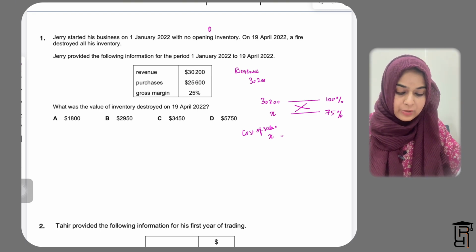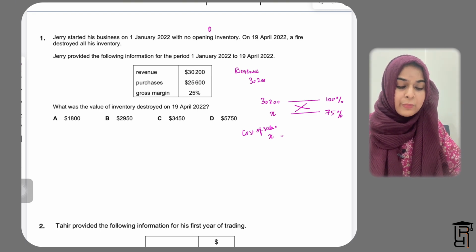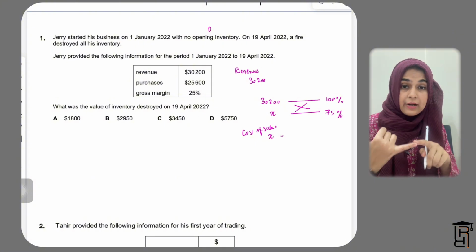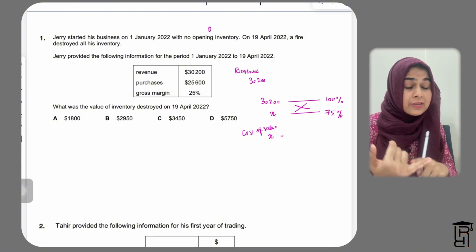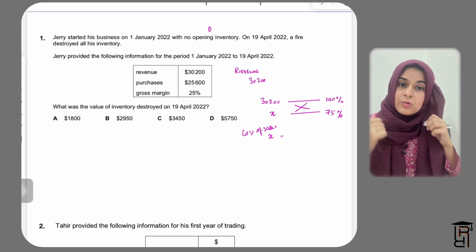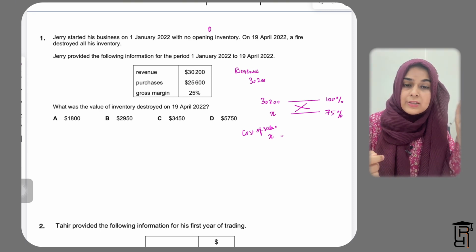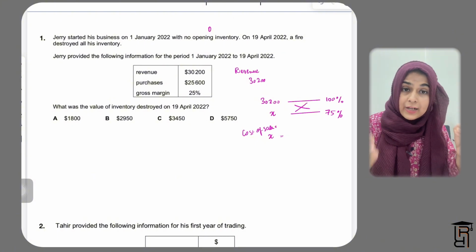Opening inventory was 0. Purchases, we normally add, 25,600. There is no carriage inwards, no purchases returns, no drawings of goods, and no closing inventory. The assumption is that whatever inventory was there on 19th April got destroyed.